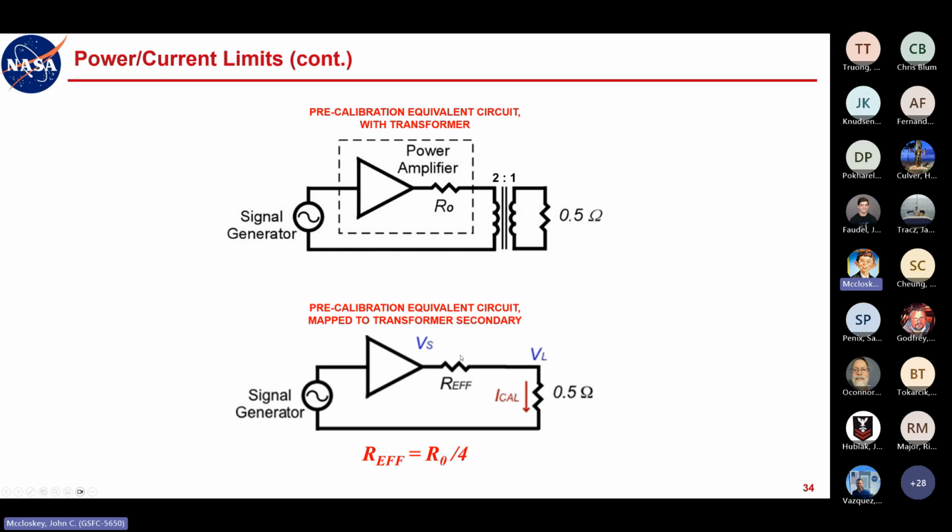Since it's a 2-to-1 step-down transformer, your effective source impedance referred to the secondary is going to be 1/4 of the physical output impedance of your power amplifier. Hope this is clear. This is going to be central to everything that's coming up here. So is everybody with me?